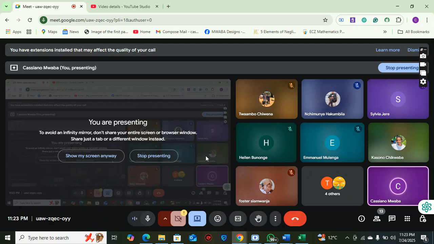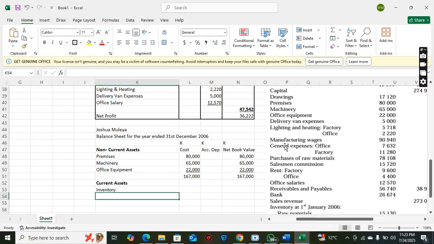It's the current asset that you've remained with at the end of the year. So that's the value of that current asset. The cost of that current asset is the value of that current asset. No, of everything. Raw materials, work in progress, finished goods.